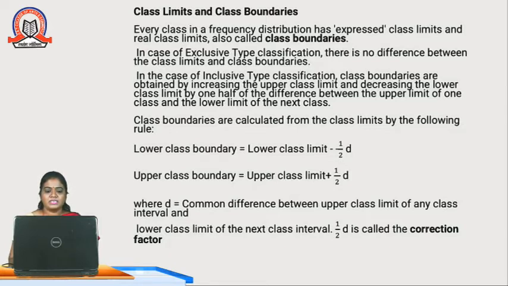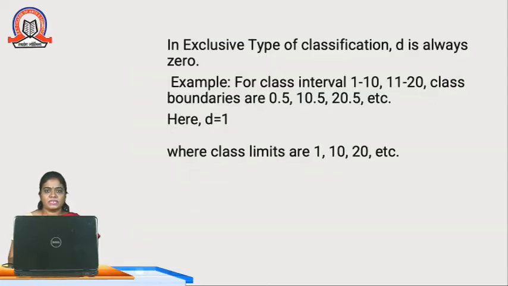As we saw before, lower class boundary equals lower class limit minus 1 by 2 into D. D is the correction factor, the common difference between the upper class limit of any class interval and the lower limit of the next. So the correction factor is 1 by 2 into D. Upper class boundary equals upper class limit plus the correction factor, that is 1 by 2 into D. In exclusive type classification, D is always 0. In inclusive type, there will be some numbers separating the class limits.